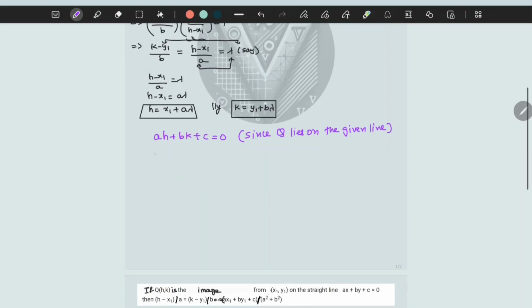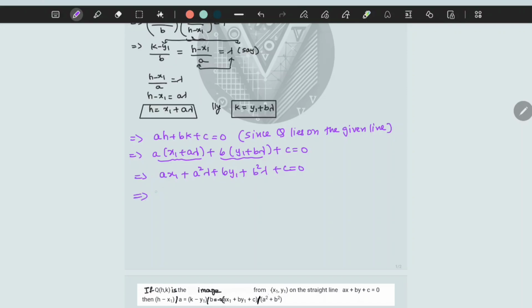Now what is h? h is nothing but x1 + a lambda and k is nothing but y1 + b lambda. So ultimately we get ax1 + a² lambda if I multiply a with this, and if I multiply b with this, I get by1 + b² lambda + c = 0. Now let us separate these terms.